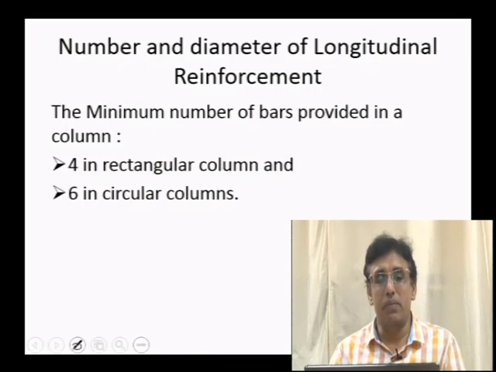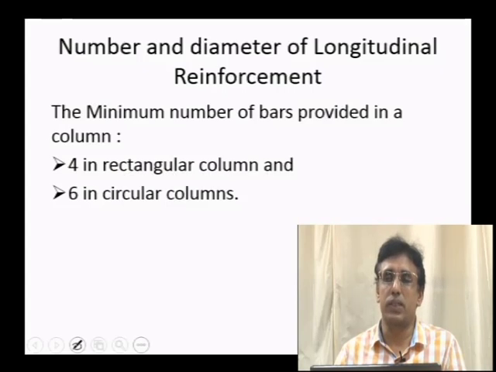And then minimum 6. We have to provide a minimum of 6 bars in a circular column, not 4 bars. Even if your design gives 5 bars, you have to round it to 6, not 4 or 5. And even in a rectangular or square column, if you get 3 bars or 2 bars, you have to make it 4 bars.